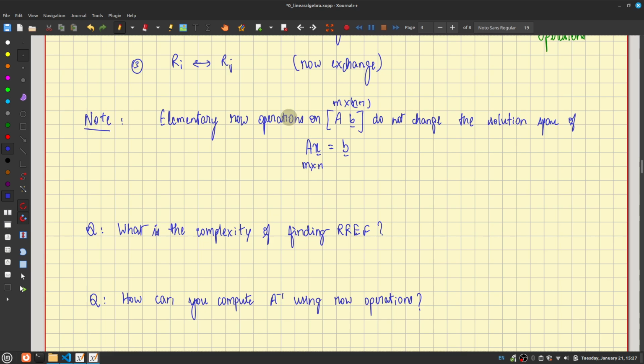Firstly, how many row operations would be required in order to find the row reduced echelon form? Again, a little bit of terminology. When I say row reduced echelon form, I will assume that the matrix finally becomes a diagonal matrix, right? It's not just upper triangular. Okay.